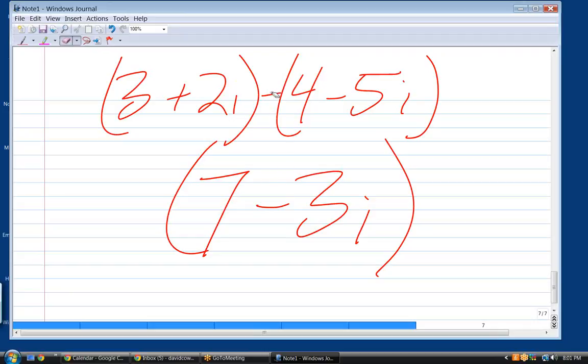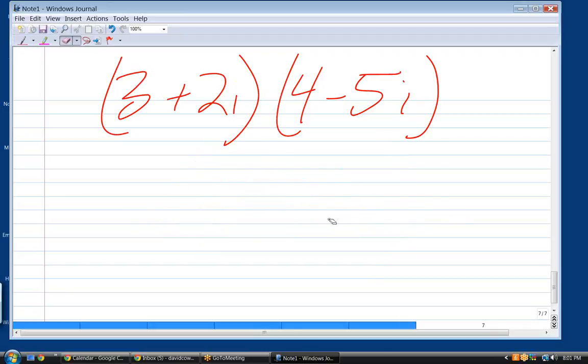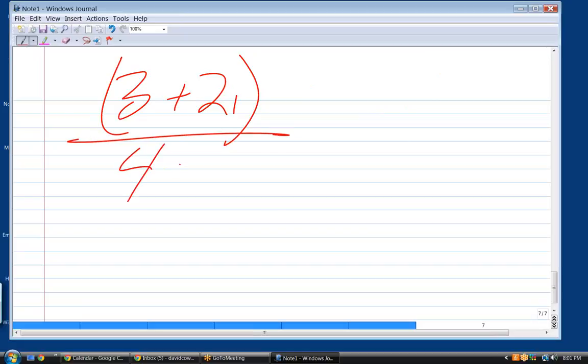Multiplication. You know how to do that? We just did one. The only thing that's hard is division, when you have this. Do you have one like that? I don't on this worksheet. I can't imagine you wouldn't have to know this.